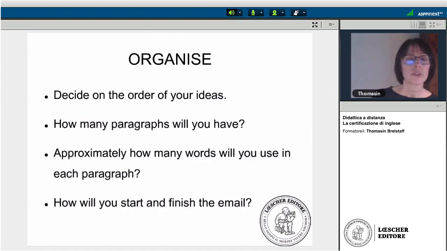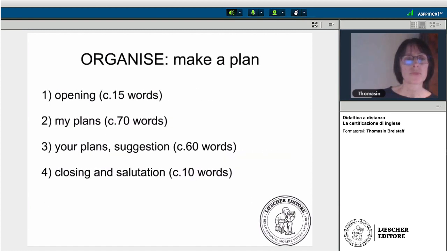If I just go forward again, let me show you. This is a rough plan that I made. So I've got about 15 words for my opening, and the second paragraph here is going to be the first point in the task about my plans for my summer holiday, and I've given that about 70 words.